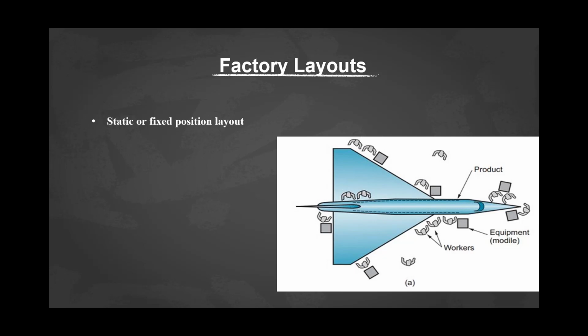In fixed position layout, production equipment and personnel are transported to the product and generally involve low volume products with small lot sizes. For example, airplane manufacturing, shipyards, railway systems.